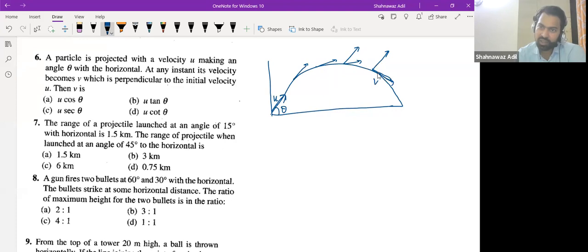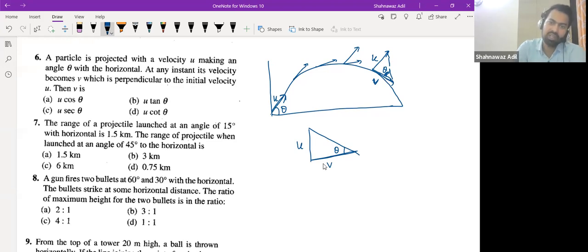Okay, so this is V, right? This is my, let's say, U. And this is the angle, some angle theta. And we have to find out what would be this V velocity. So let us draw this triangle in here. This is theta, this is my V, and this is my U. So how are these two related?